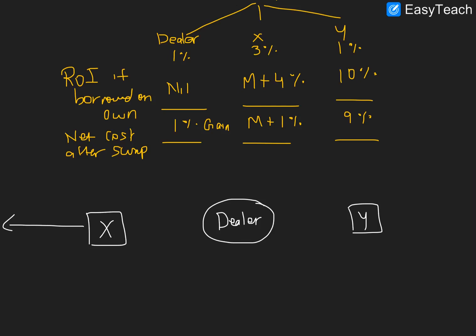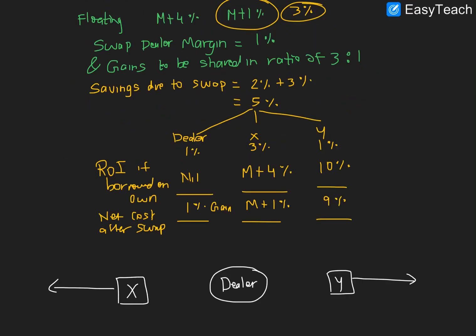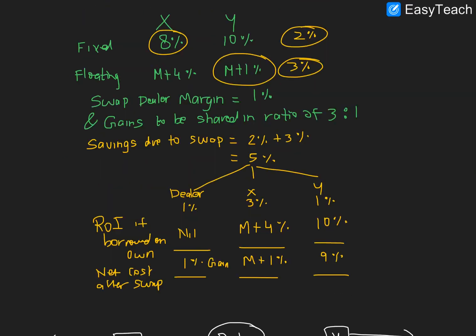So X would be paying outside something, Y would be paying outside something. Since we said X intends to have a floating rate, X would be paying outside a fixed rate, because anyways X was having an advantage in fixed rate.